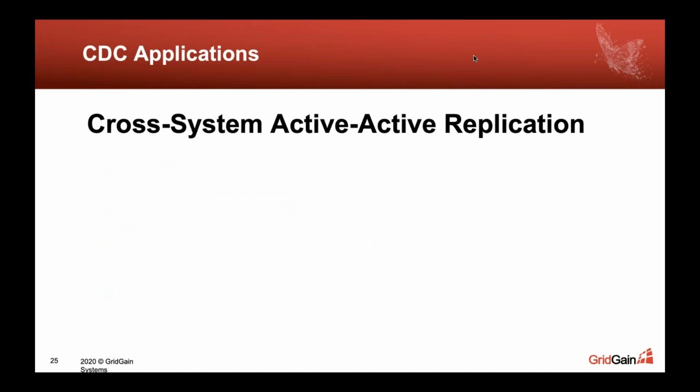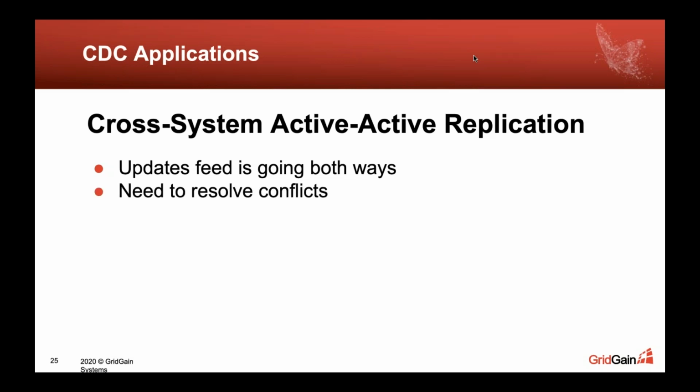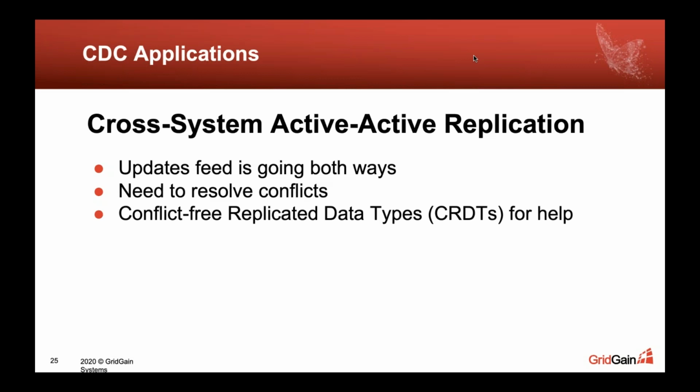And for the cross-system active-active replication, again, the same approach can be used as with active-passive system replication, but now the update feeds are going both ways, so from one system to another and backwards. And in case a row with the same ID or a key is updated simultaneously in both systems, now we have to resolve a conflict.